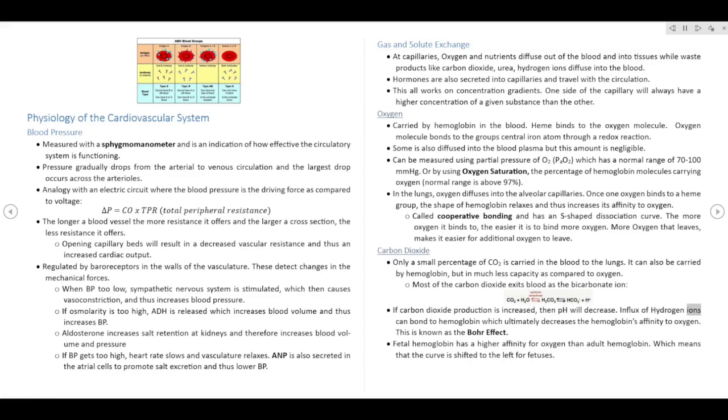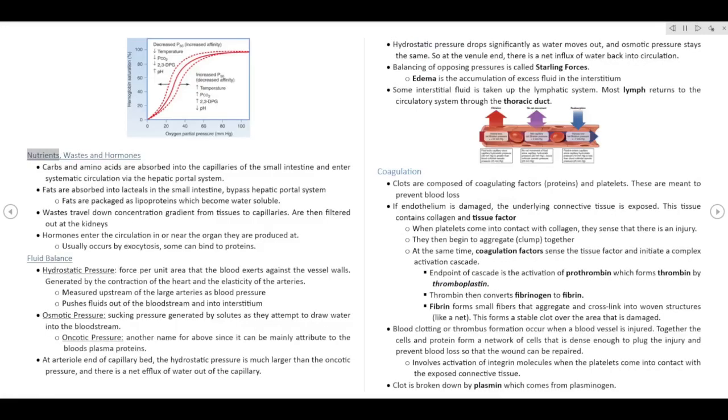Influx of hydrogen ions can bond to hemoglobin, which ultimately decreases the hemoglobin's affinity to oxygen. This is known as the Bohr effect. Fetal hemoglobin has a higher affinity for oxygen than adult hemoglobin, which means that the curve is shifted to the left for fetuses.